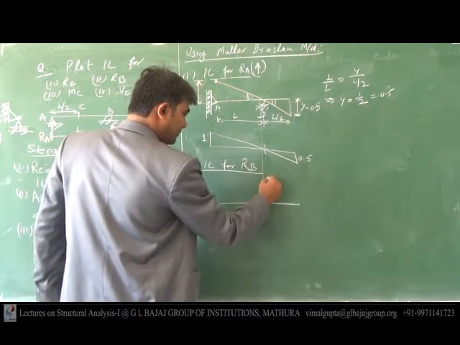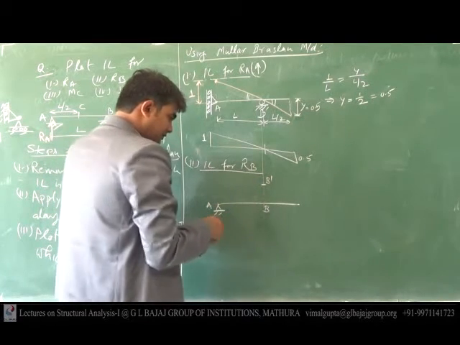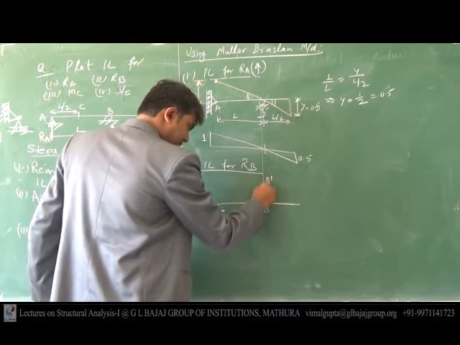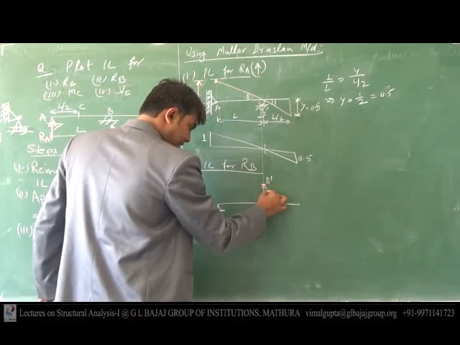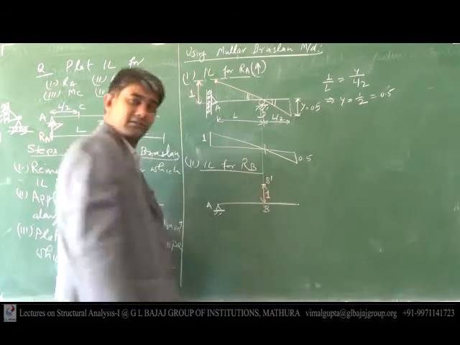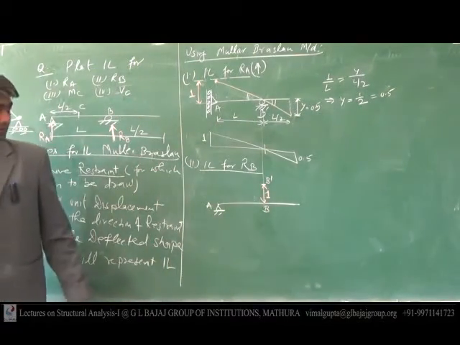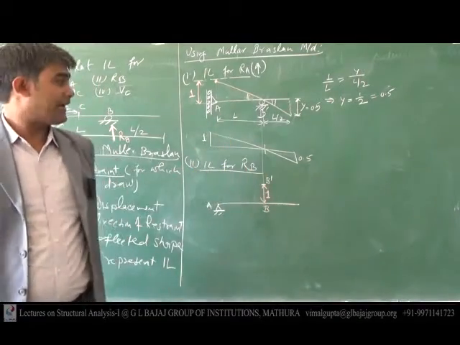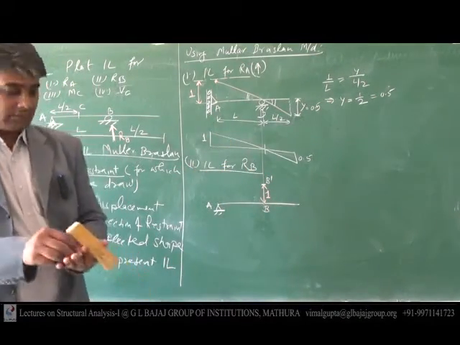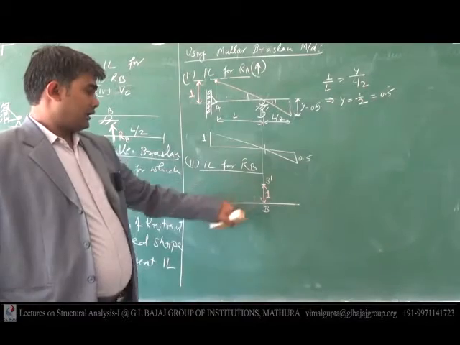So B point will shift here, B dash, and this distance will be 1. This B dash will be shifted to B dash.